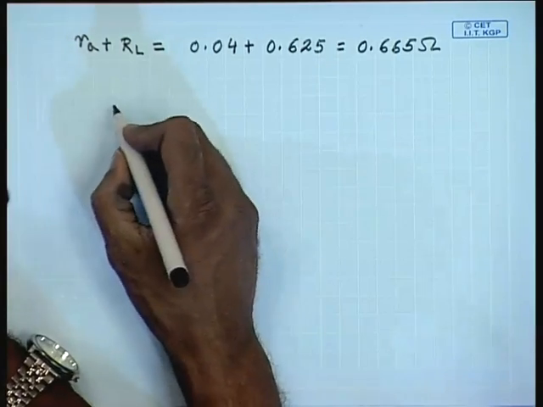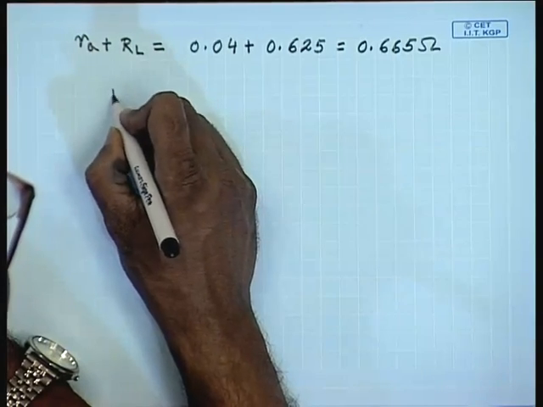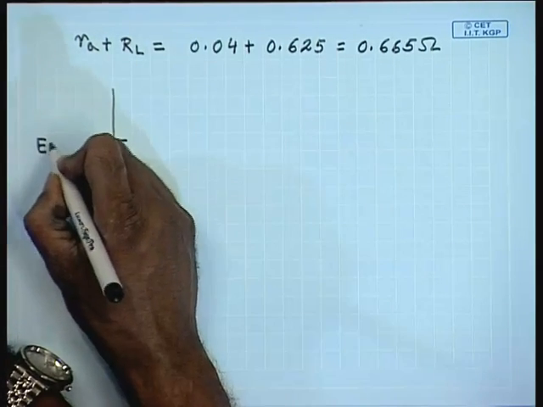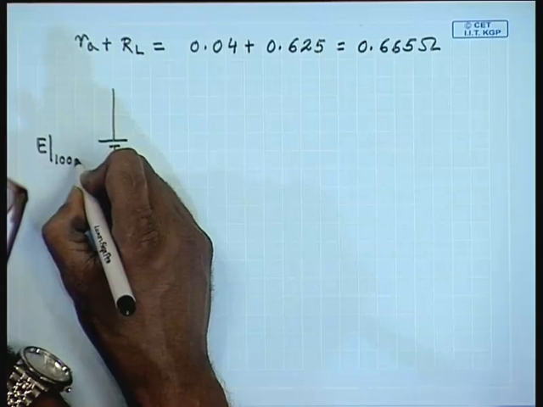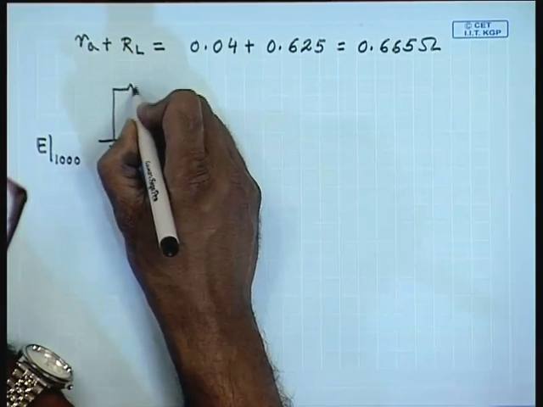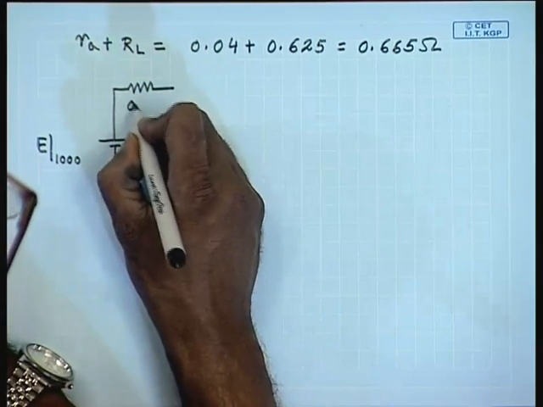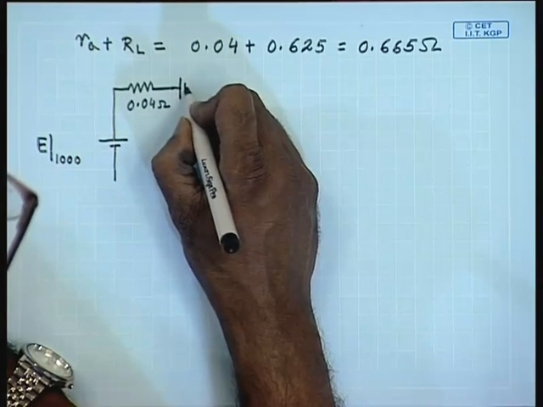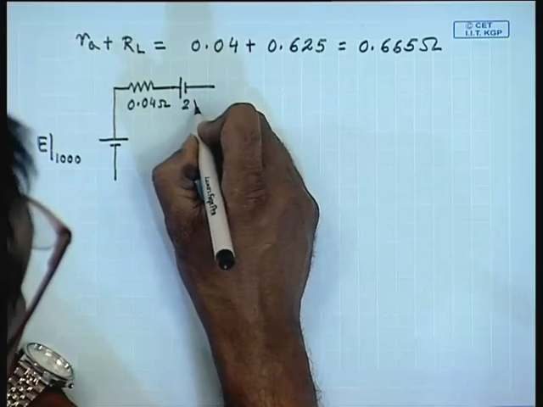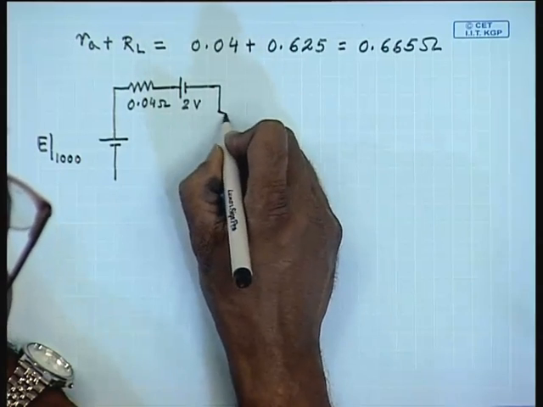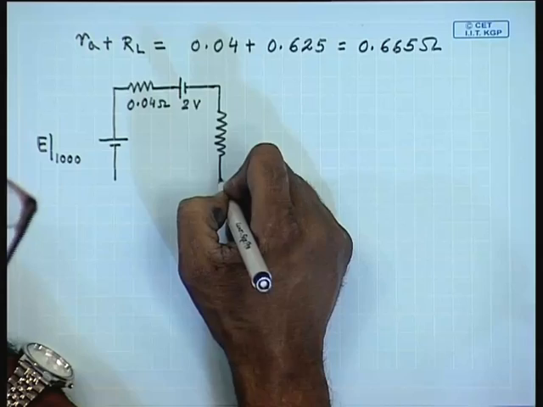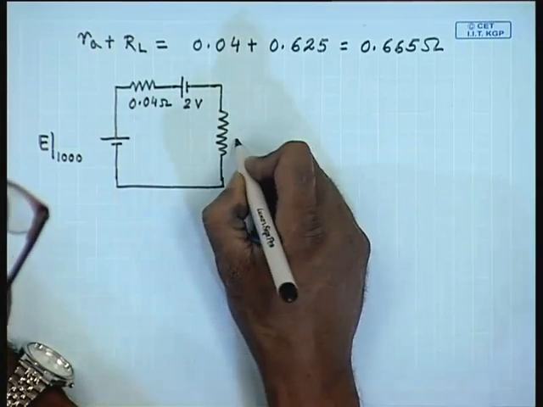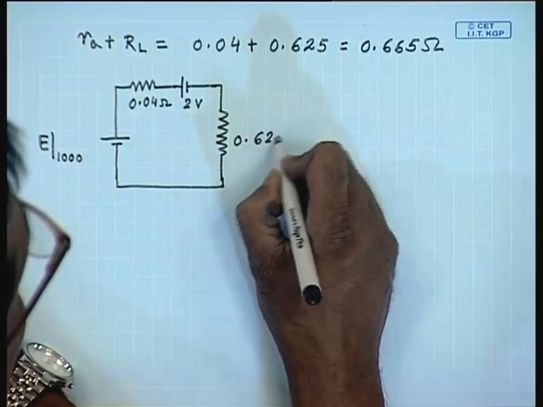At 1000 rpm, therefore, we can draw the equivalent circuit as E at 1000 rpm, Ra 0.04 ohm, then Eb equal to 2 volts and RL 0.625 ohm.